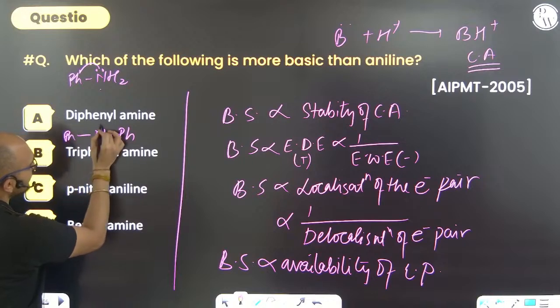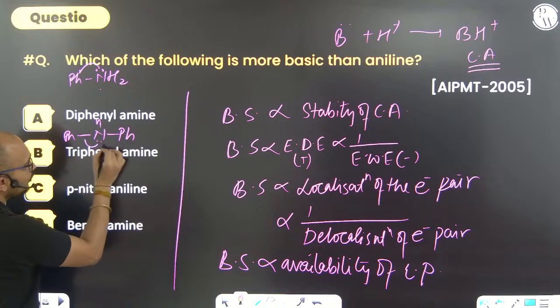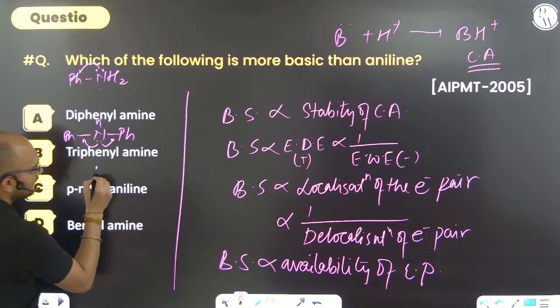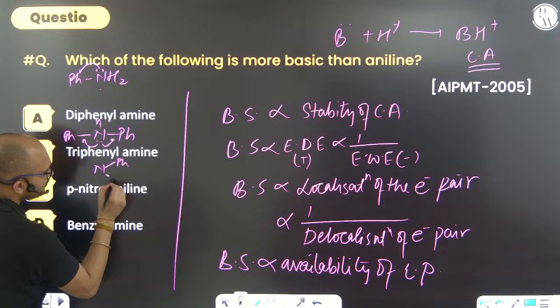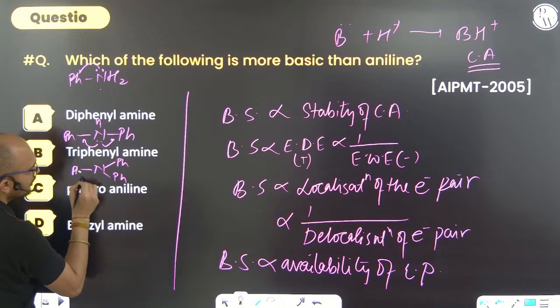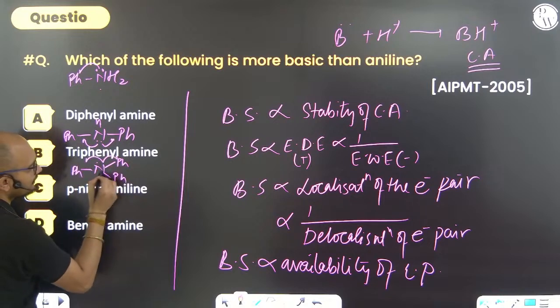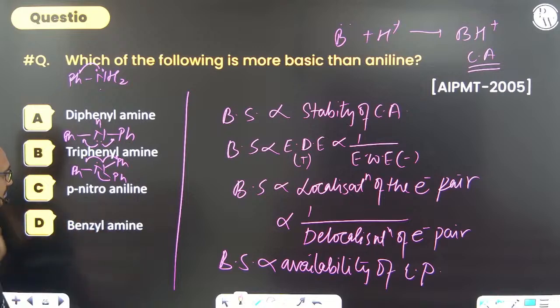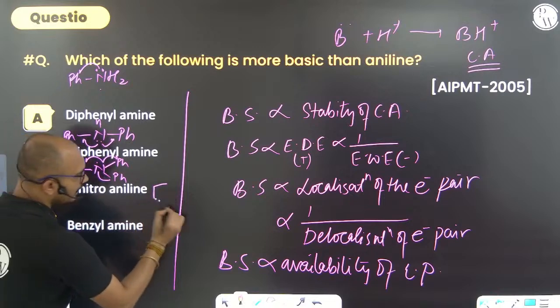How many Ph are there? Two. So the availability of its lone pair is reduced even more, because there is resonance from two sides. Very less. Triphenyl, NPhPhPh. So the lone pair is delocalized over all the Ph. What will happen? It will be even less. So all of them are very less. What about para-nitroaniline?